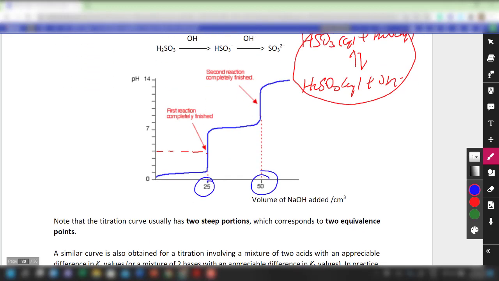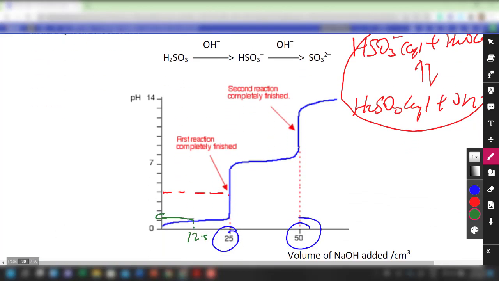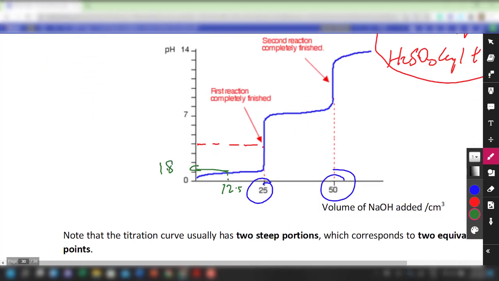From the titration curve, we are able to indicate two important points. That is the first half equivalence point, so this pH you can write as 1.85. The second half equivalence point will be 12.5 plus 25, so that will be 37.5.